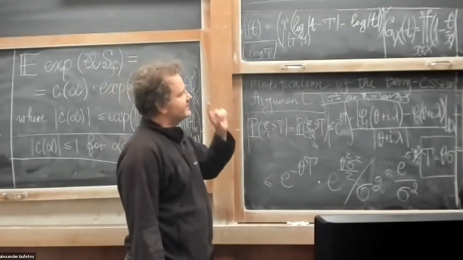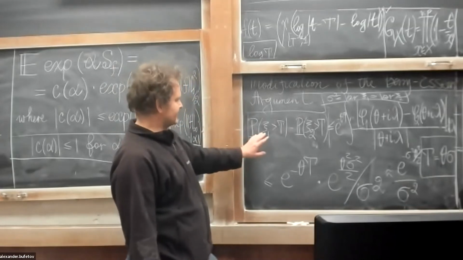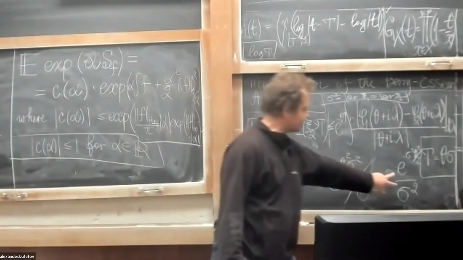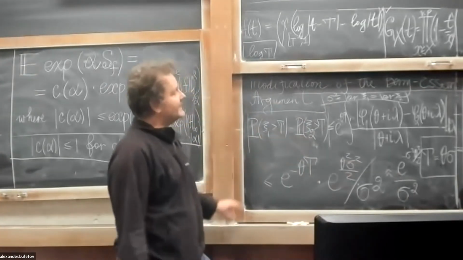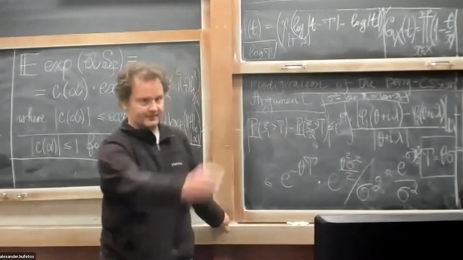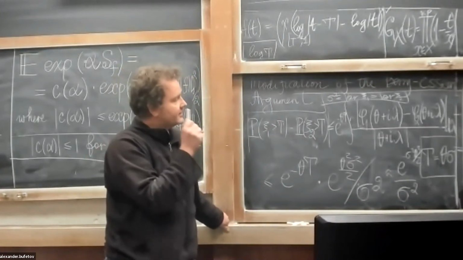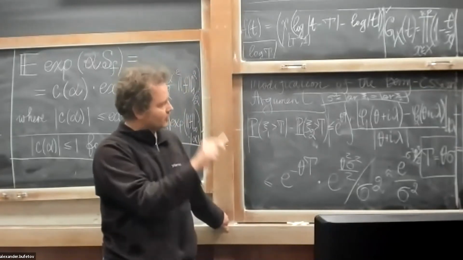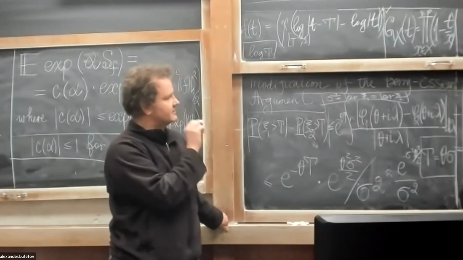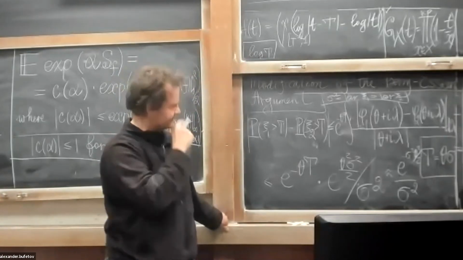I'm estimating not just the difference between probabilities, but in fact, you can see, because the error term is less than either of the terms, I can divide by it. I am estimating Radon-Nikodym derivative. I am claiming that Radon-Nikodym derivative of my distribution with respect to normal distribution is close to constant. It's close to constant.